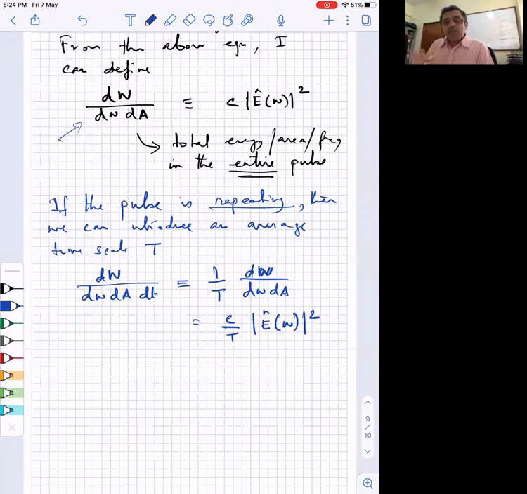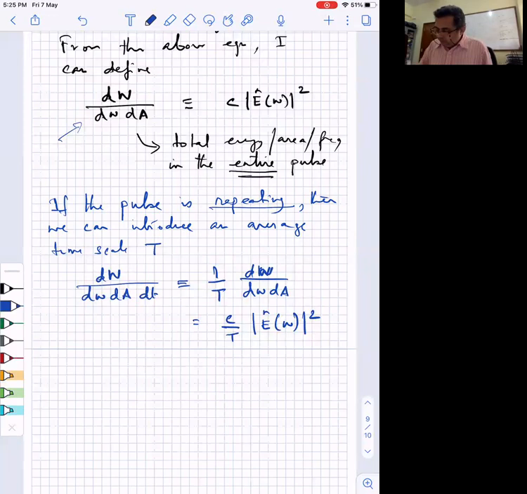We can go a little farther. If it is really, really long, so if this property does not change at all with time, a classic example is a sine curve. It can go on for infinity, it is the same thing. In that case, we can take a very large time period, and then this E squared omega will be defined within that very large time period.